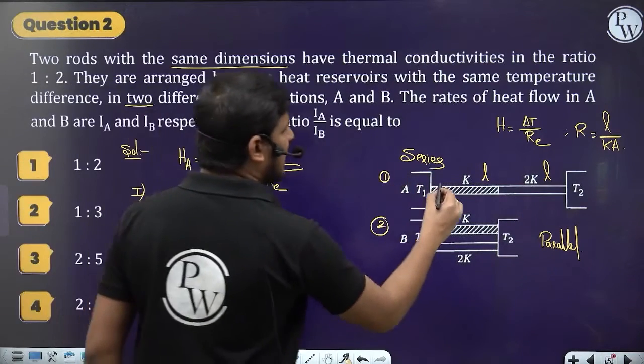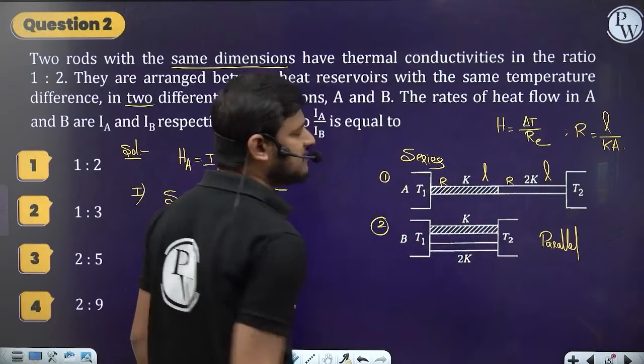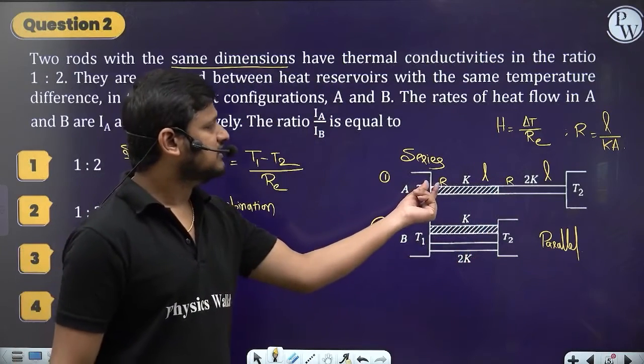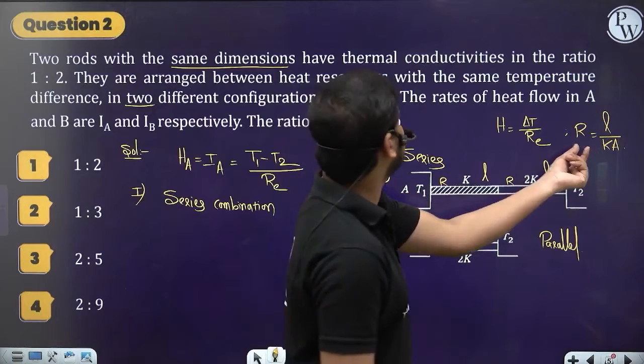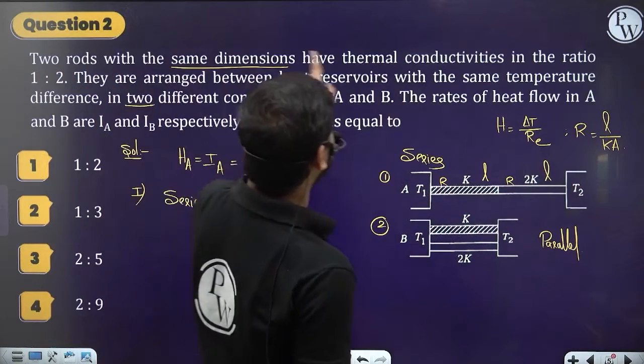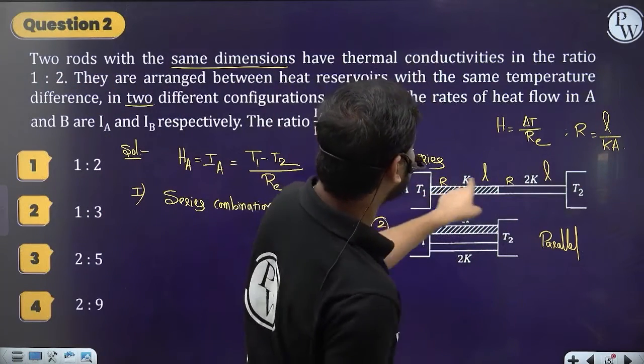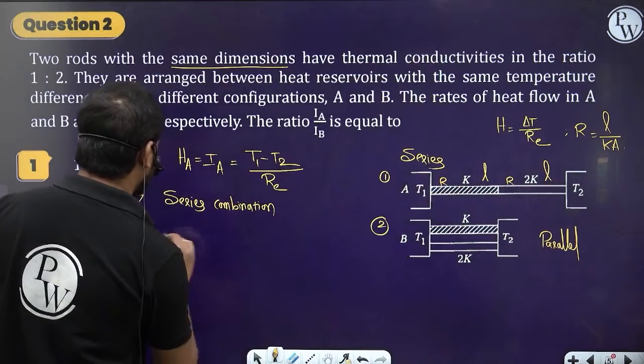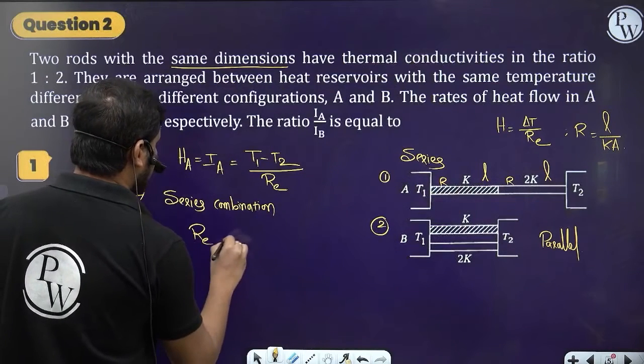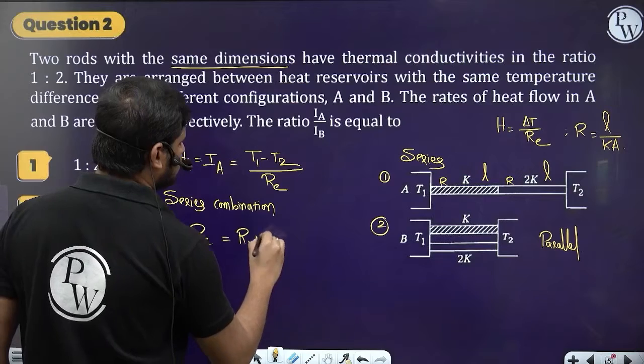Because the dimensions are the same, their lengths are the same, and the areas are the same, but the thermal conductivities are in the ratio K and 2K. So R equivalent is R1 plus R2.